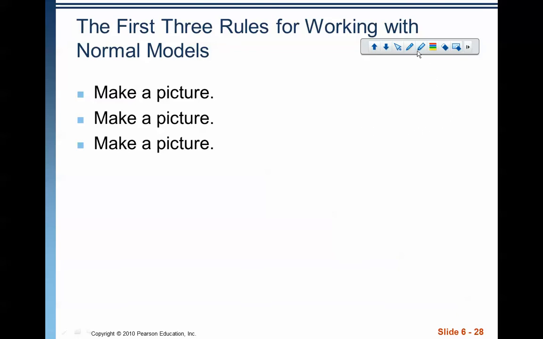Because remember, everything we did yesterday with the normal model and the 68, 95, 99.7 rule, all of it had to do with areas. Because the area beneath this curve, this shaded blue space down here, all of this area, when you add it up from negative infinity to positive infinity, adds up to 100%.